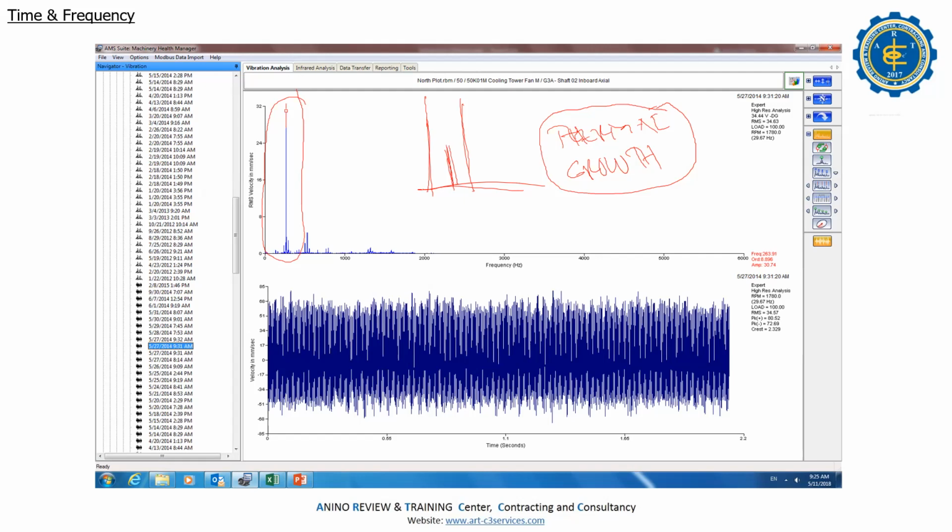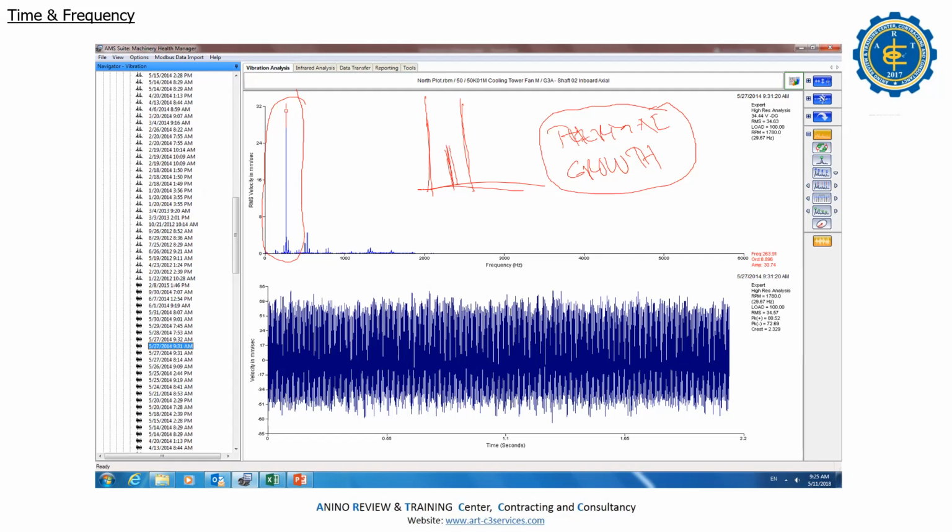The reliability engineer is the one who makes the decision for the department to make a work order to maintenance. On your side, you are the whole package: you collect and you recommend, right?